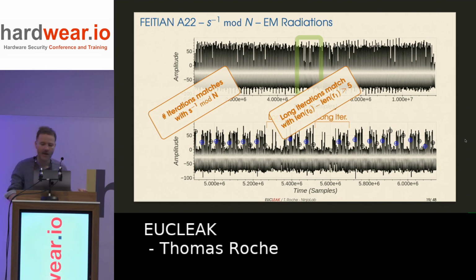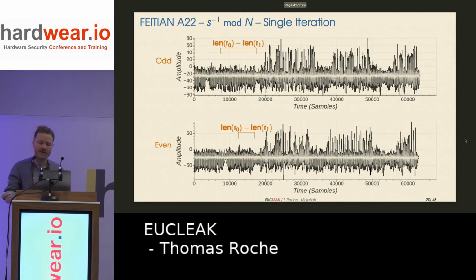So we really identified the algorithm here. Also, what we learn is that these long iterations actually have something to tell us about the inner computation. The inner value of R0 and R1 is related to the binary length difference between R0 and R1. So for this iteration, we already have some information just by looking at the trace. Getting a little deeper in observing the traces, here you have only a single iteration, an odd iteration and an even iteration.